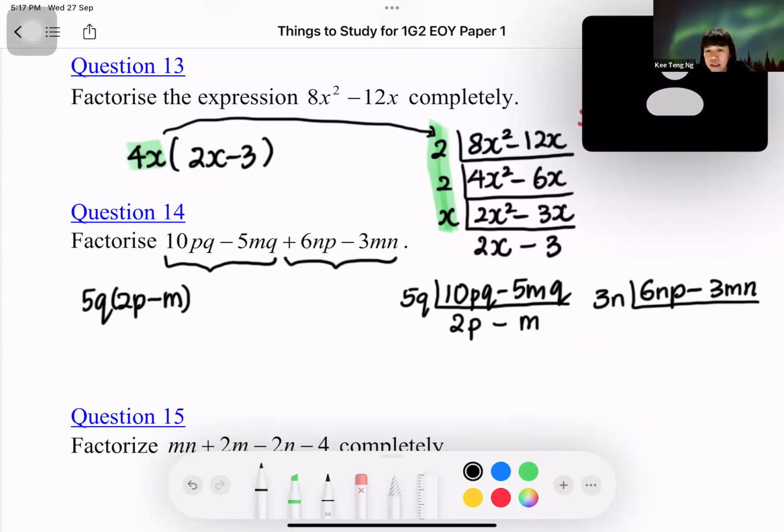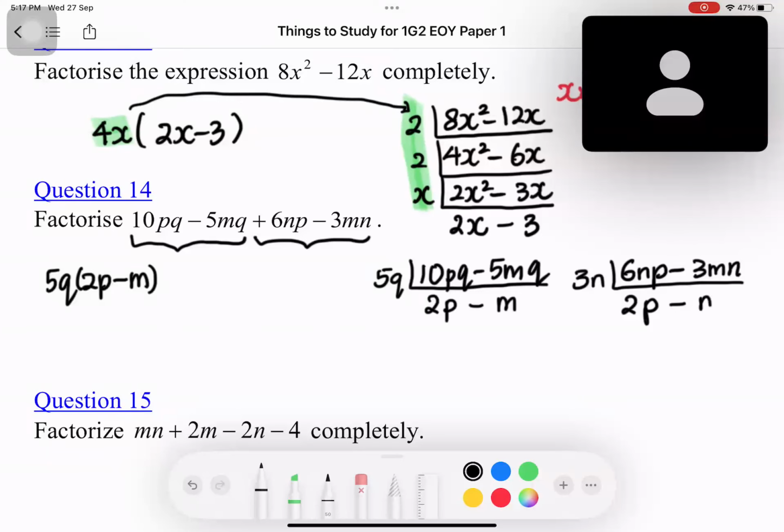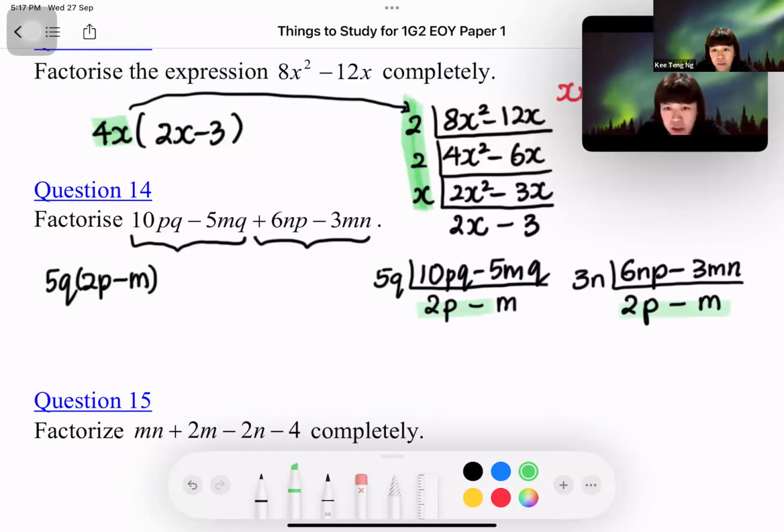Right. So 6np divided by 3 leaves 2p, minus m. Then we check, are these two the same? Yes, the same.